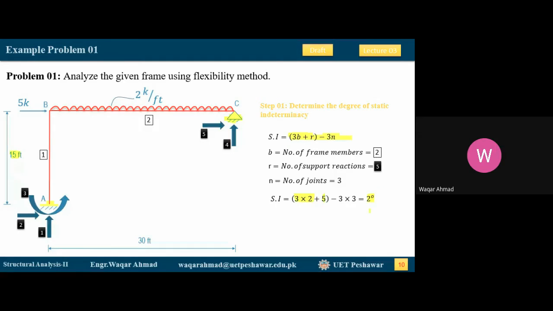Now, why I'm explaining it so deeply here is because in the next step, step number 2, we have to choose the redundant constraints. You should choose wisely among these unknowns.